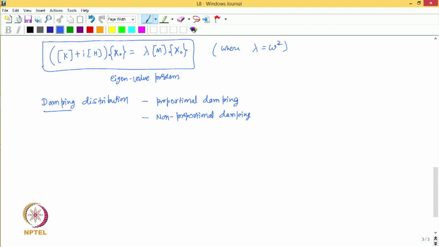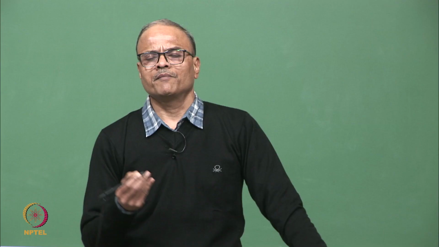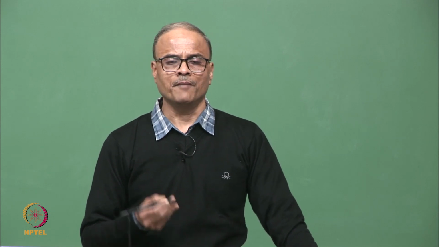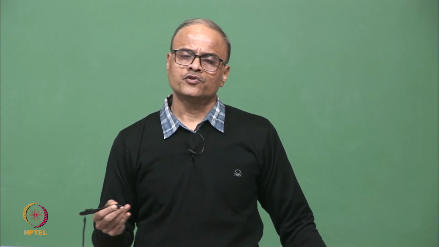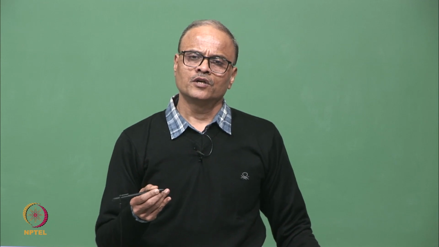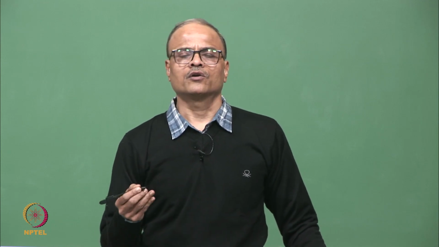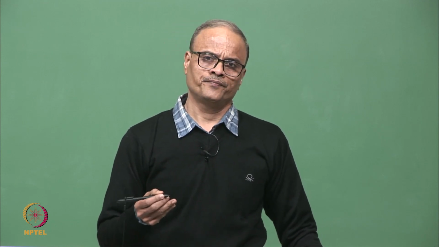Right. So, we will consider both of them. Let us first of all take proportional damping. Proportional damping refers to a damping distribution which is proportional to either the mass matrix or the stiffness matrix, or to a linear combination of the two, right.